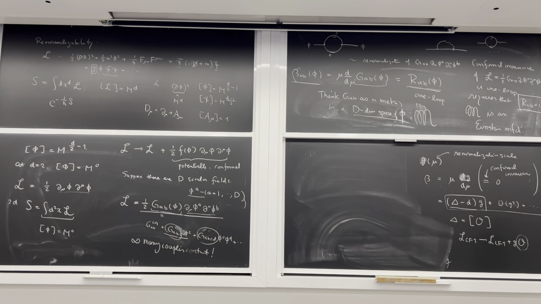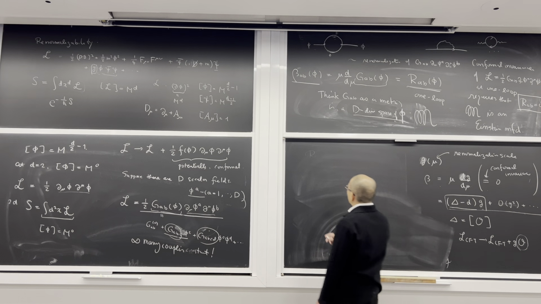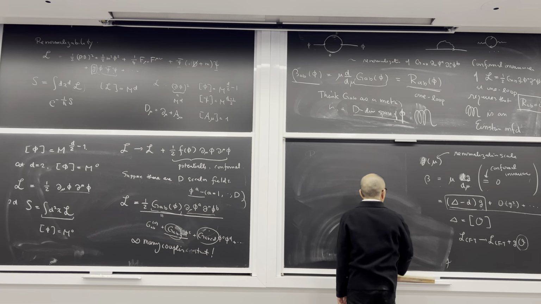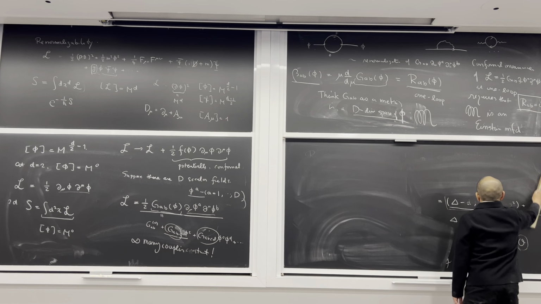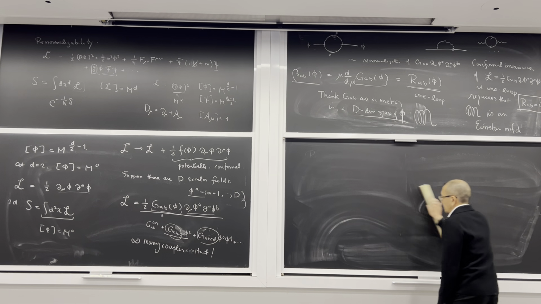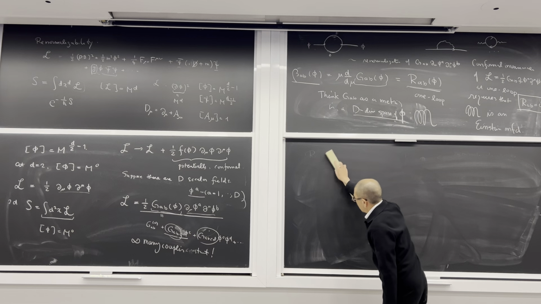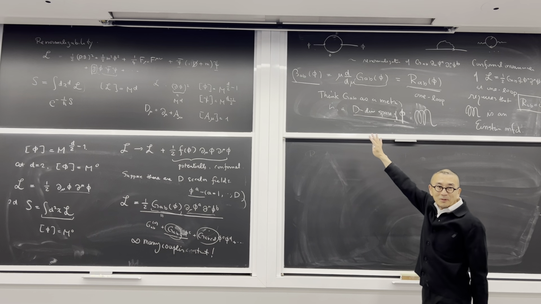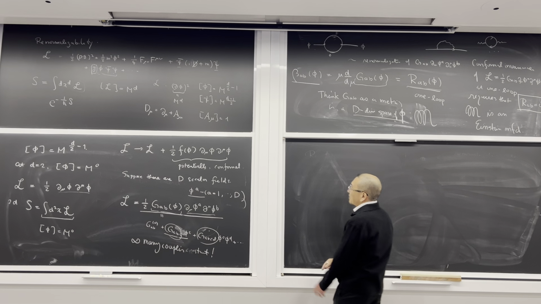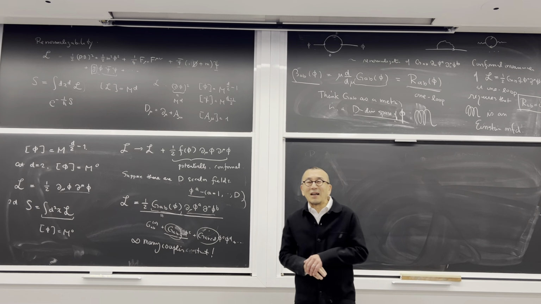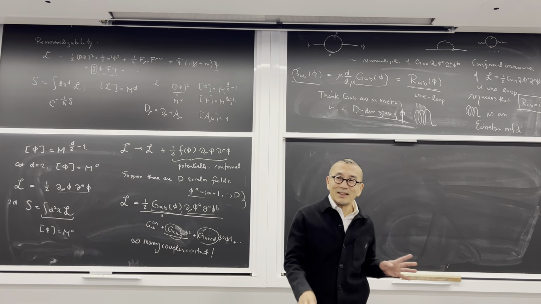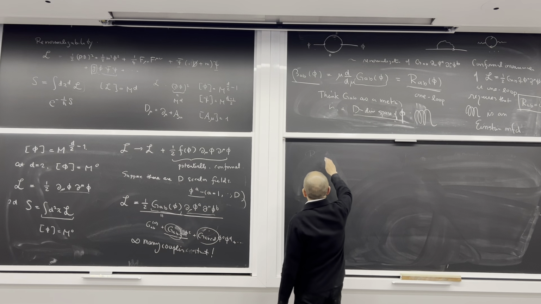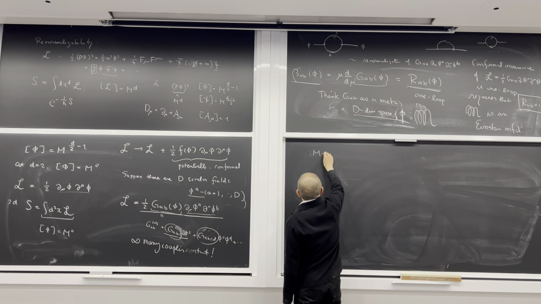So you can ask what kind of condition you would have. Let's consider a simpler situation. This was a rather general statement, but it's always useful to study a simple case in detail. So let's again consider Minkowski space.